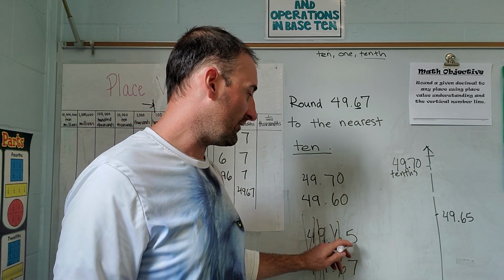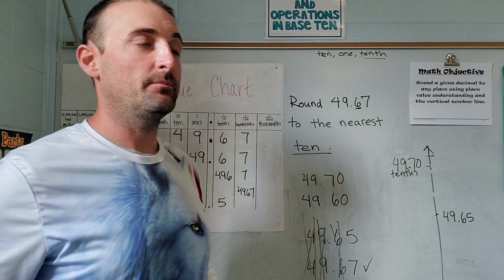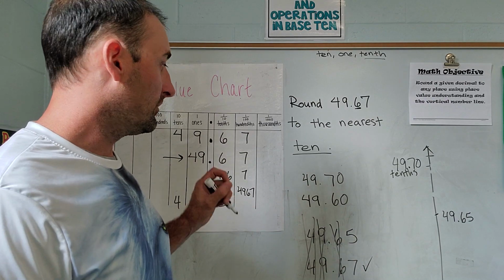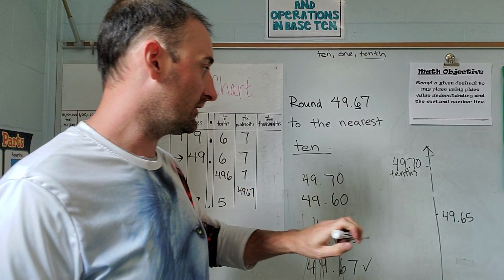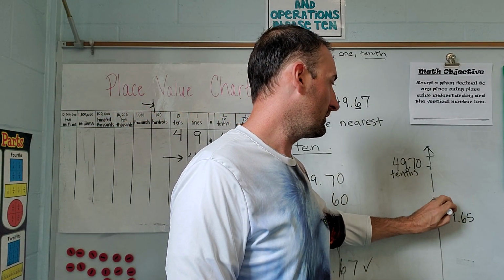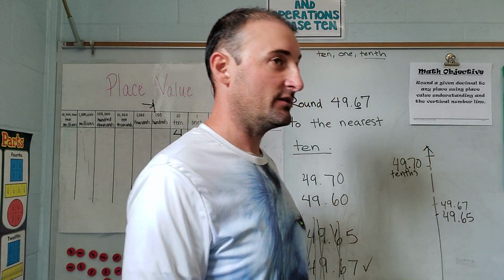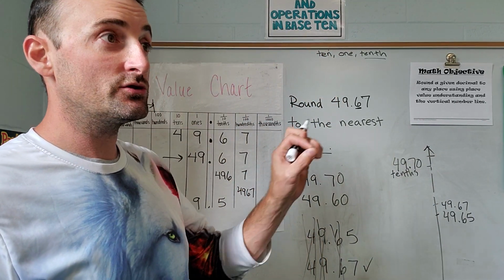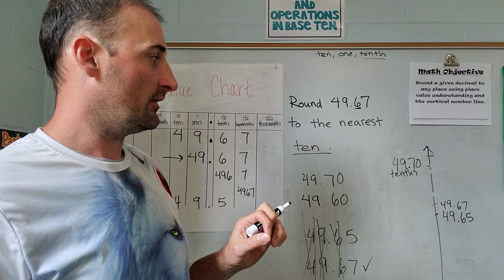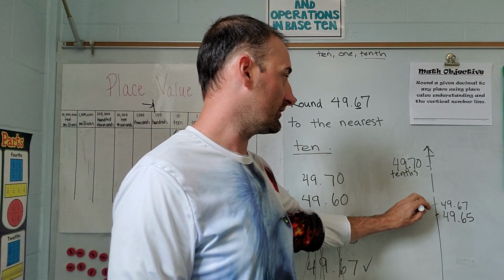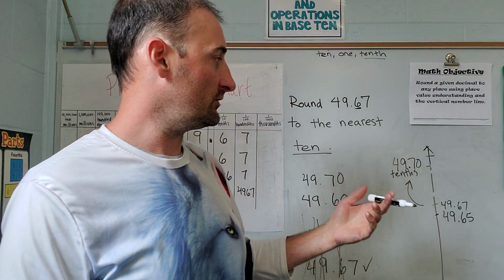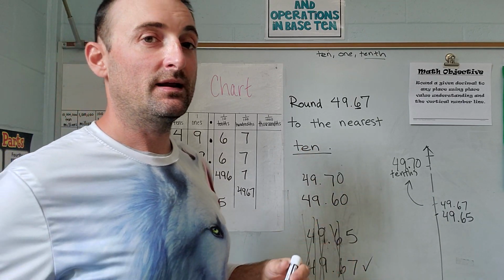Aha, but here a 7 and a 5. So that tells me the bottom number is larger. The bottom number is our number. It's going to sit just above 49.65. It's going to be 2 hundredths bigger than the midpoint. And because of that, it's still going to go up. What's it going to round to? 49.7.